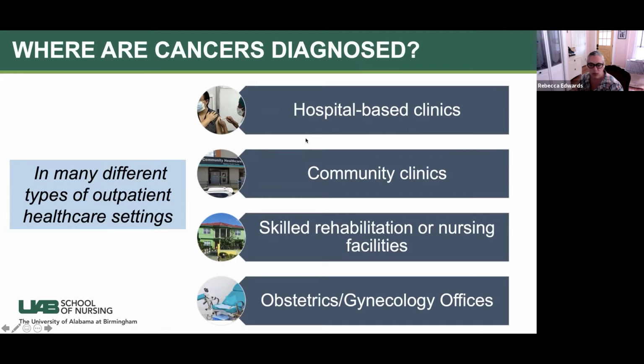It can be in a nursing home or a skilled rehabilitation facility. Can be diagnosed in any kind of specialist outpatient office, such as obstetrics and gynecology offices. This would apply to, again, any specialist office, such as cardiology or pulmonology, et cetera.